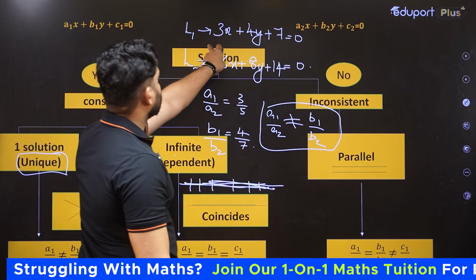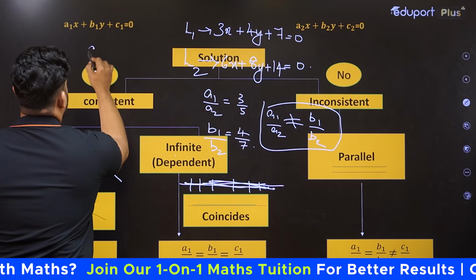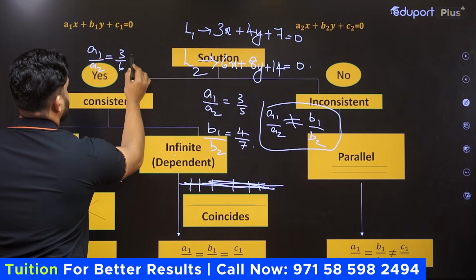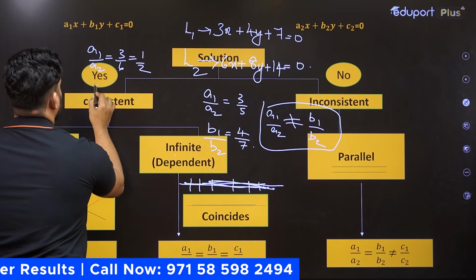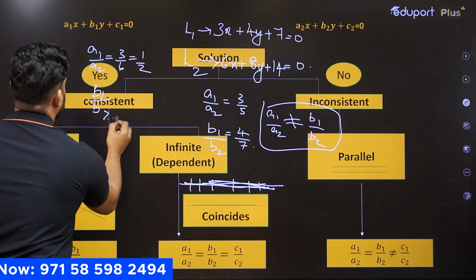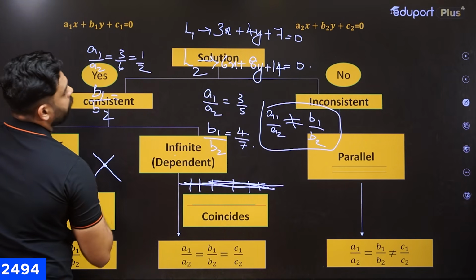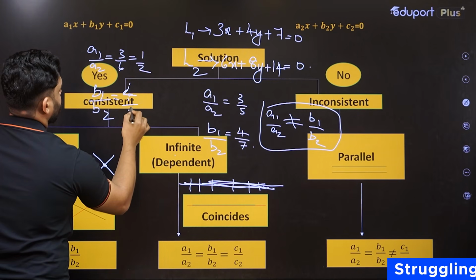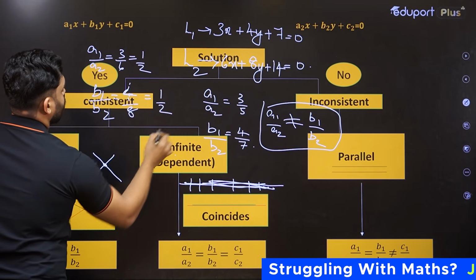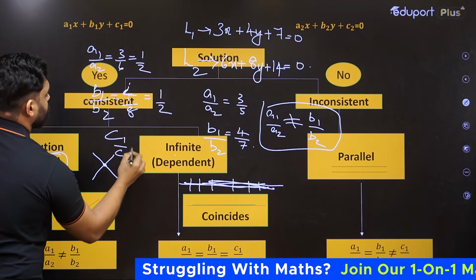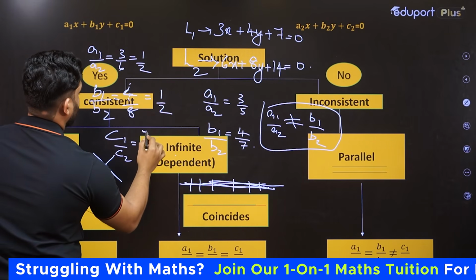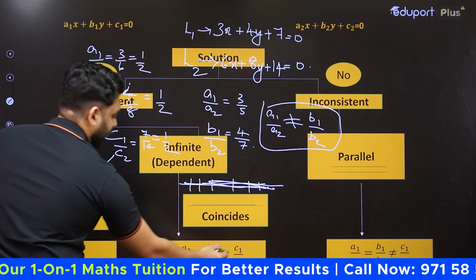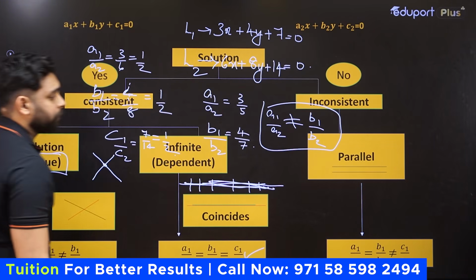So you will get A1 by A2 is equal to 3 by 6, which is equal to 1 by 2. B1 by B2 is 4 by 8, which is equal to 1 by 2. C1 by C2 is 7 by 14, again 1 by 2. So, this satisfies the condition.